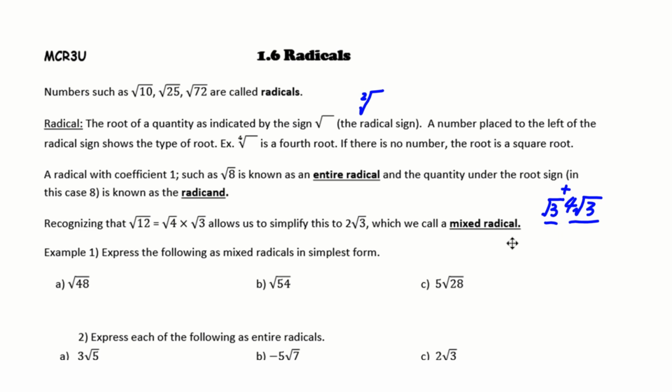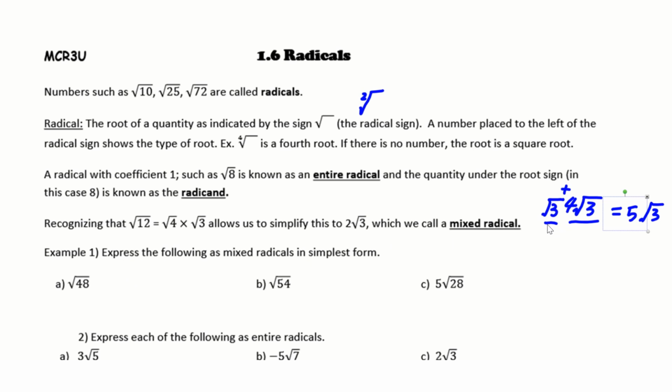Same radical sign, same radicand, they are like terms. Square root 3 plus 4 square root 3 gives you 5 square root 3. So we treat the square root 3 as a unit: $1 plus $4 gives you $5.